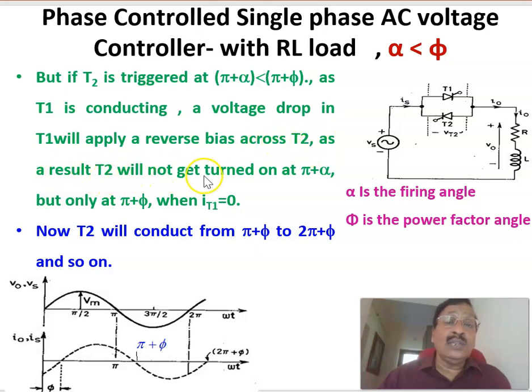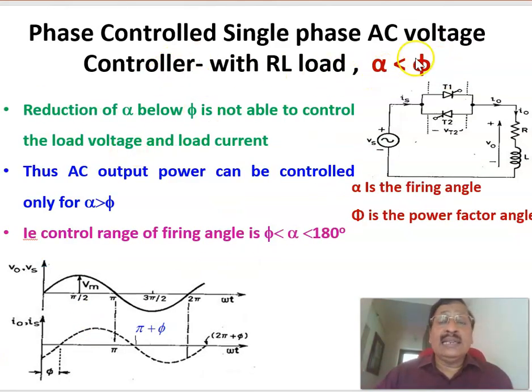As a result, T2 will not get turned on at pi plus alpha, but only at pi plus φ when iT1 equals 0. Now T2 will conduct from pi plus φ to 2 pi plus φ. This is the case when the firing angle alpha is less than the power factor angle φ.